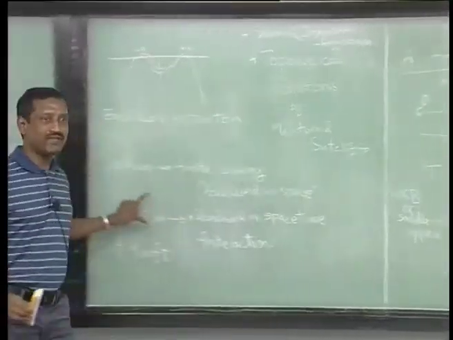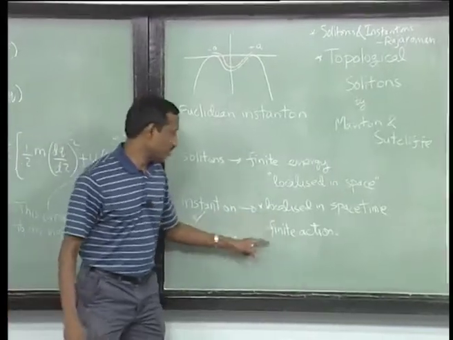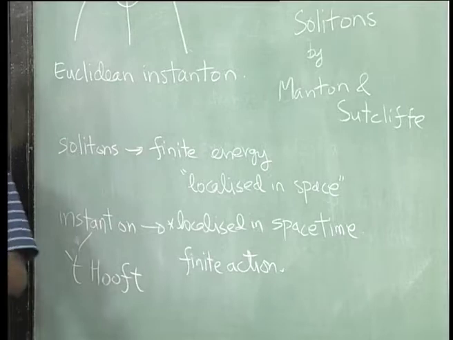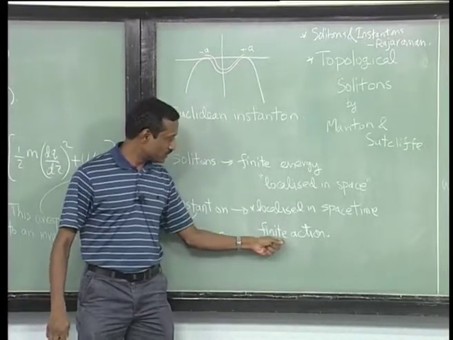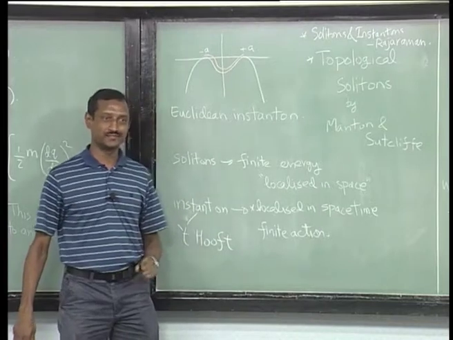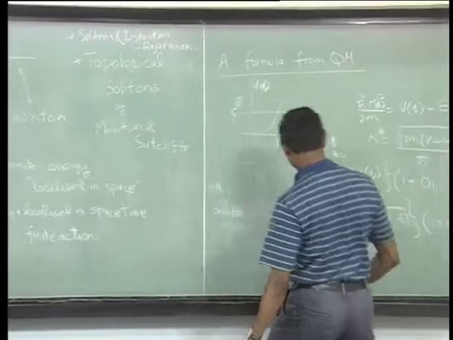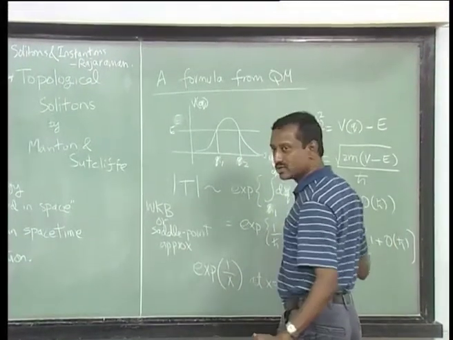So now we have a working definition of what we mean by an instanton. We have to look for objects which are localized in both space and time, and give rise to a finite action as opposed to finite energy. So let us see how we would get a formula, something which looks a bit like this.